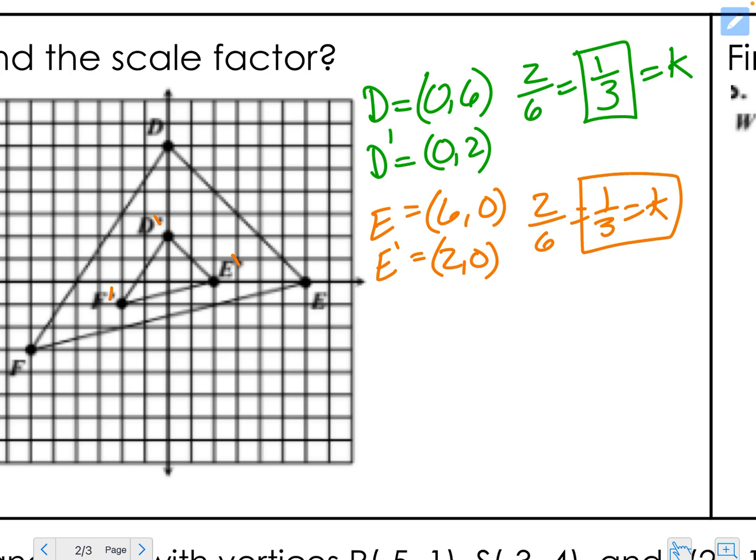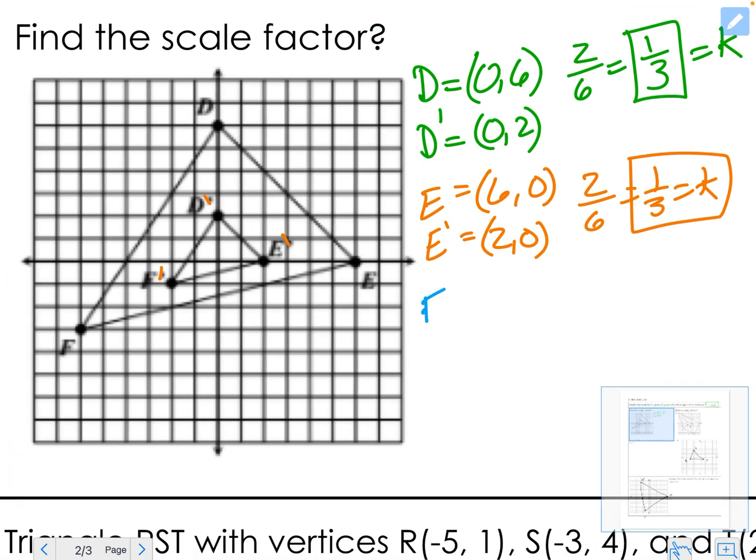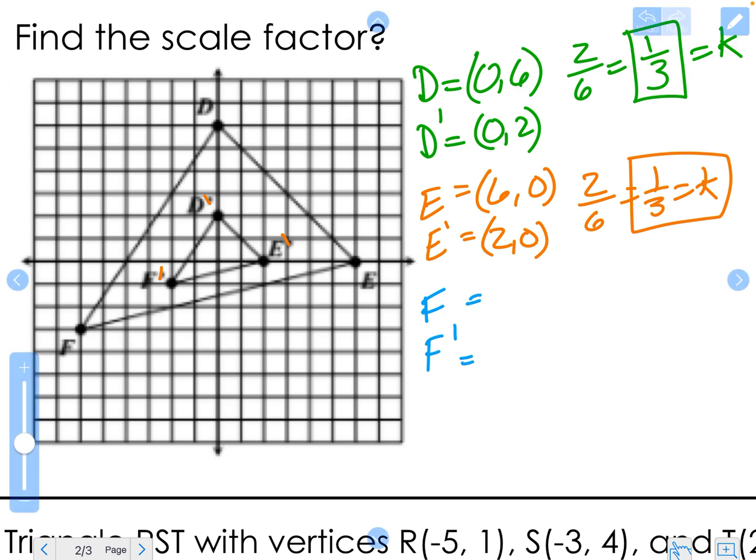And so it does, yes, look in fact like 1/3 is my answer, but let's real quick be very meticulous and check one more just to make sure. So F prime is (-2, -1), and F is (-6, -3).